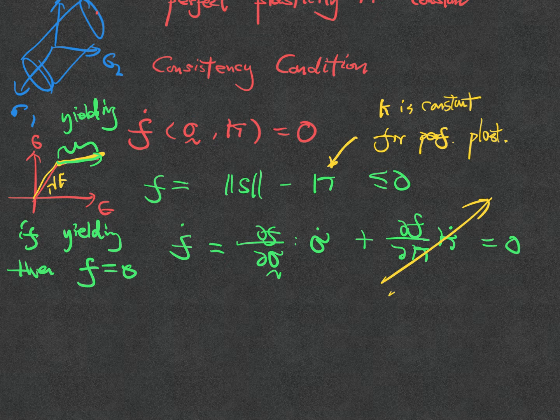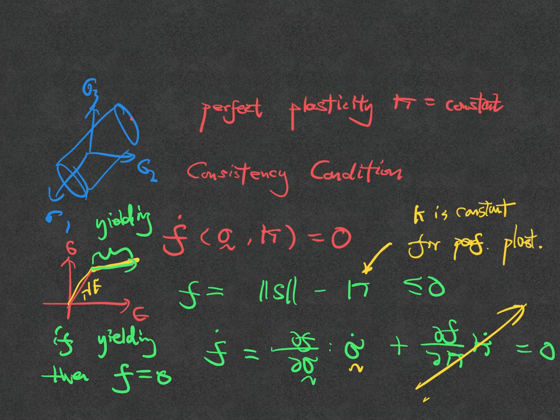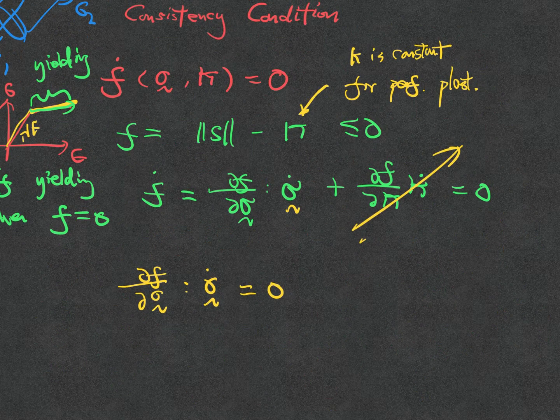So that term drops out. Okay, so far so good. Now I have this term left, and I know that this term is equal to 0. Now it doesn't look like it's useful, but let me go back to the previous.